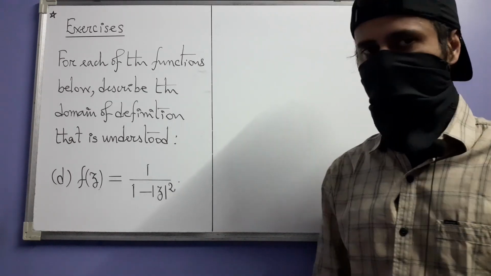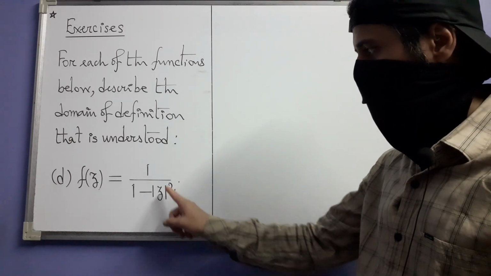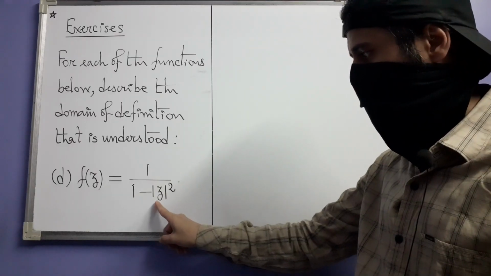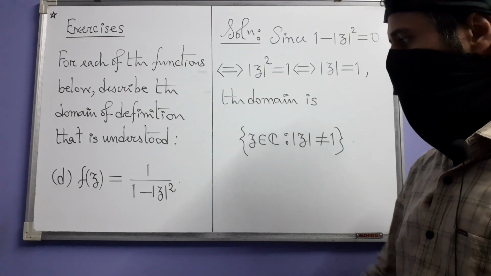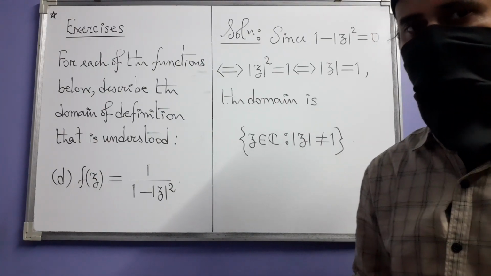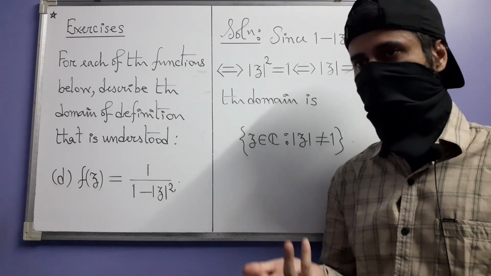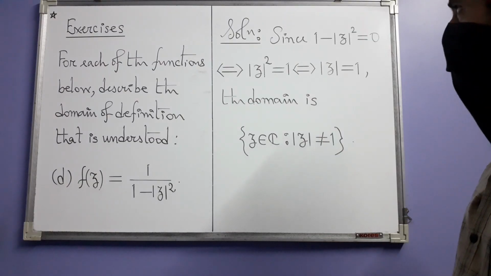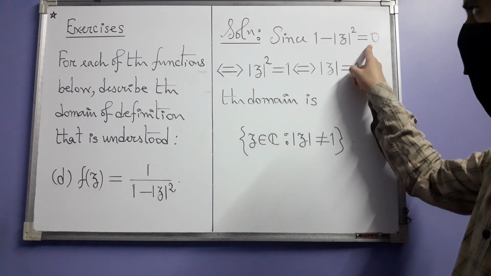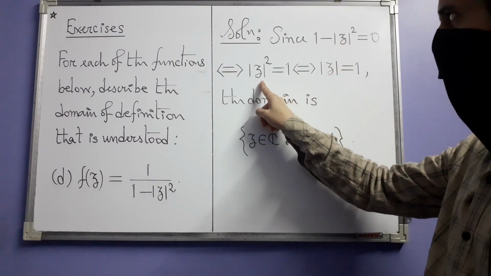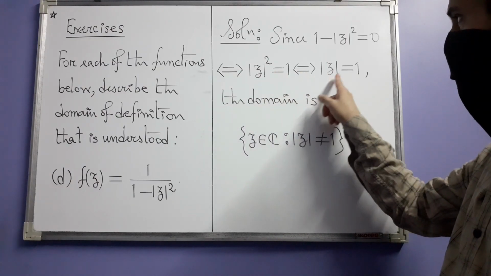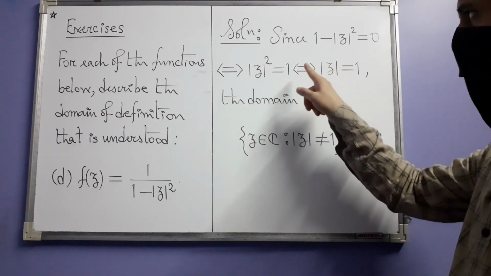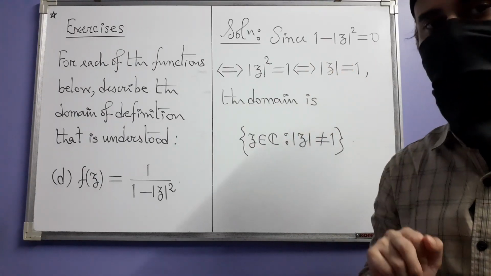And finally we have D, where the function is 1 divided by 1 minus mod z squared. So again we need a non-zero denominator, but let's see when the denominator becomes 0. The denominator is 0 if and only if mod z squared equals 1, if and only if mod z is equal to 1. Why do we not see plus or minus 1 here?